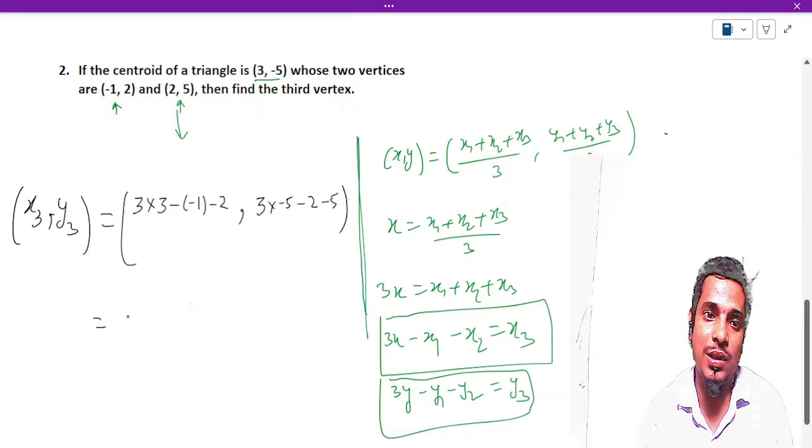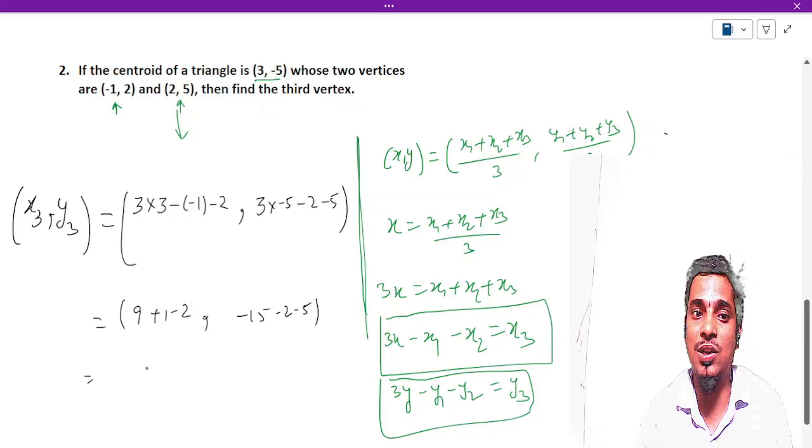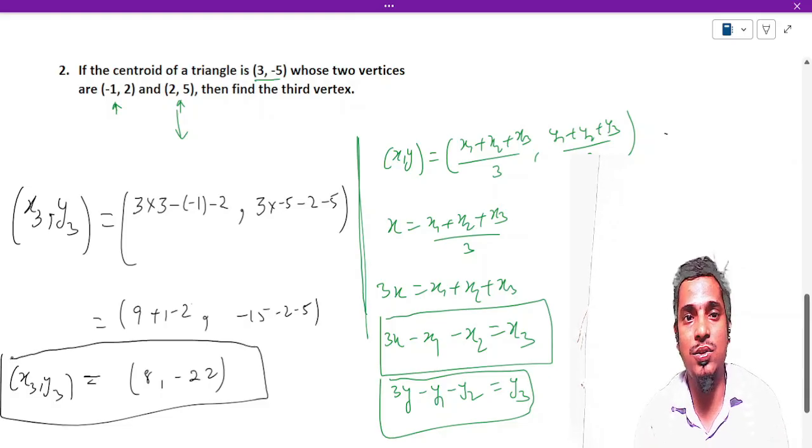Once we simplify this, we'll get 9 plus 1 minus 2, and over here minus 15 minus 2 minus 5. So we'll get 9 plus 1, 10 minus 2 is 8, and over here minus 22. So the third coordinate of the triangle is equal to 8 comma minus 22.